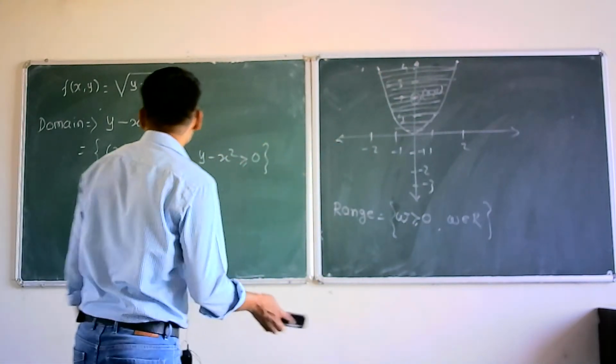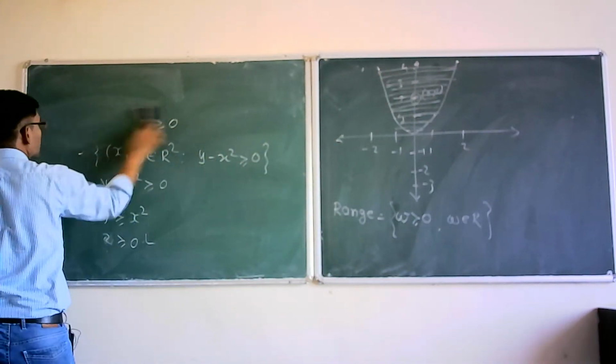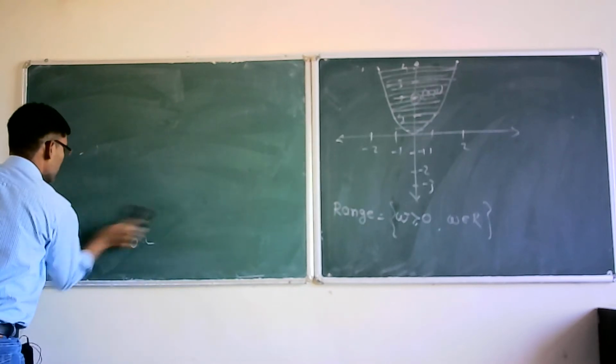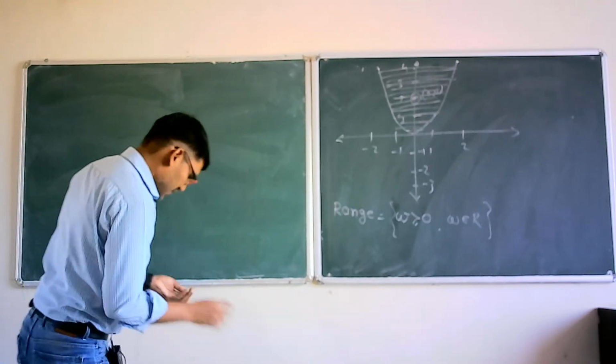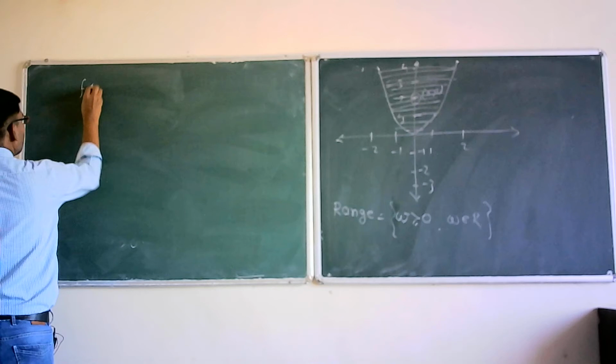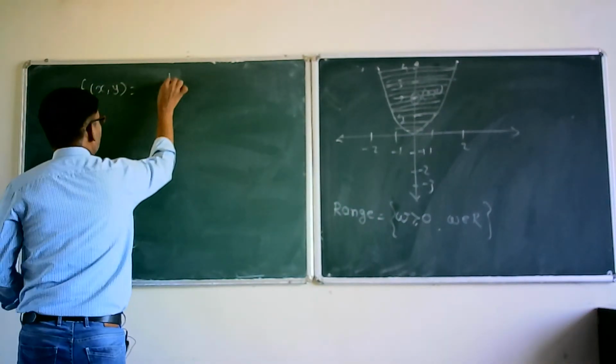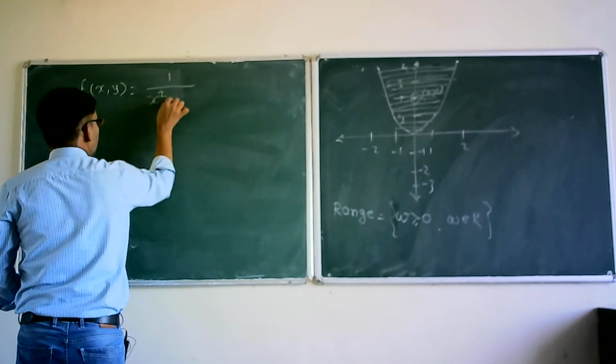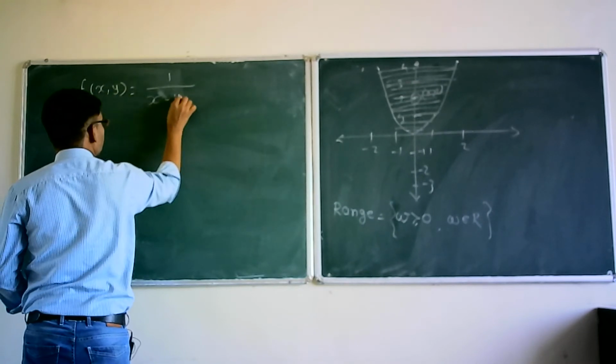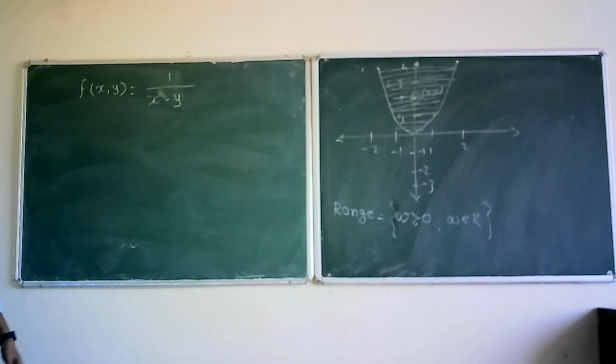Now next example, suppose you consider f of x, y is equal to 1 upon x square minus y square, or x minus y.